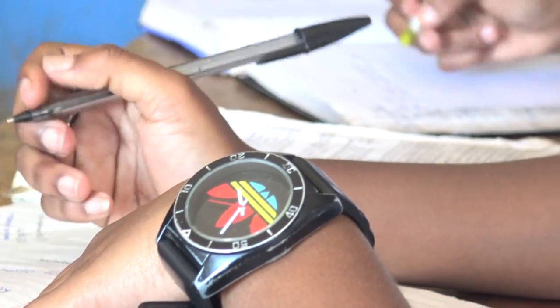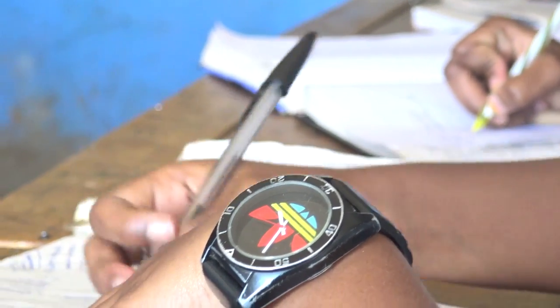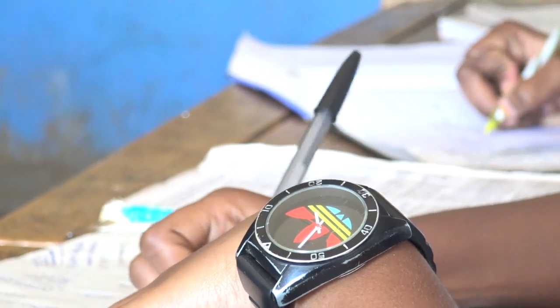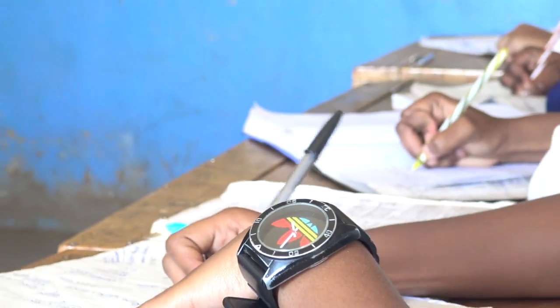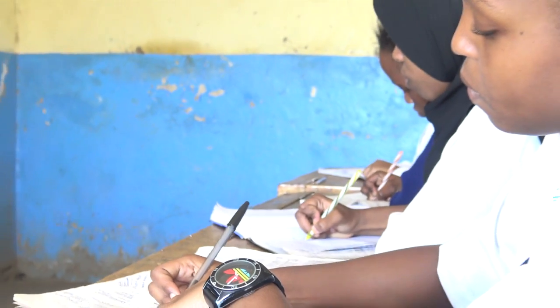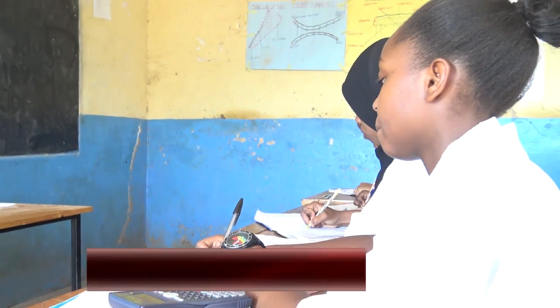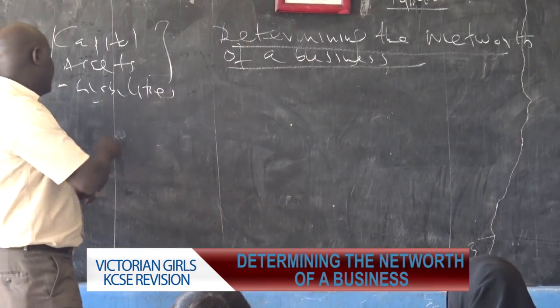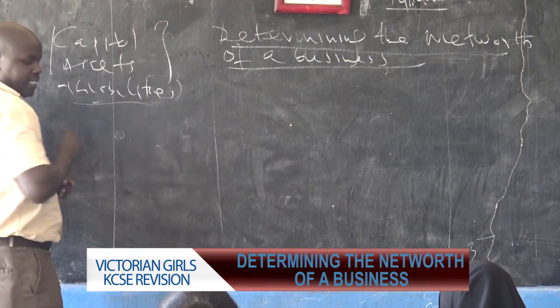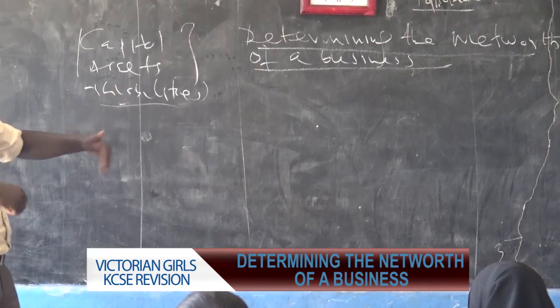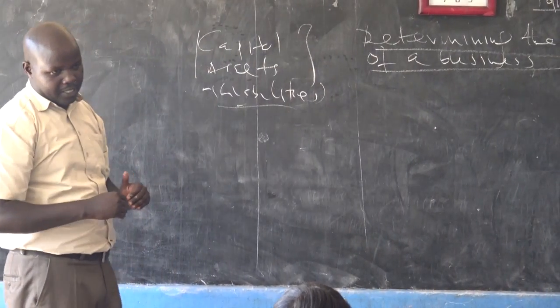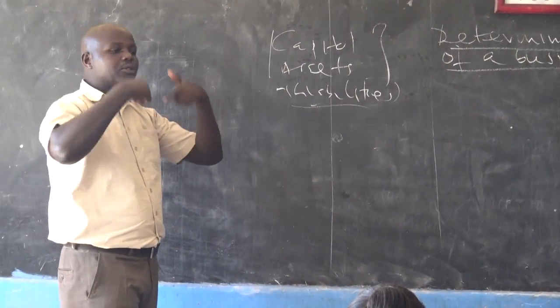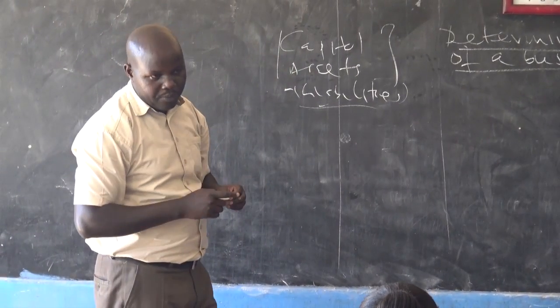Current assets are those resources which are not expected to last for long in a business. Their lifespan is usually less than a year. What are liabilities? This is outsiders' claim from the business: what the outsiders are claiming to be theirs from the business.